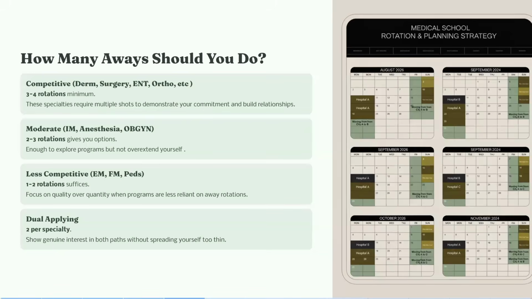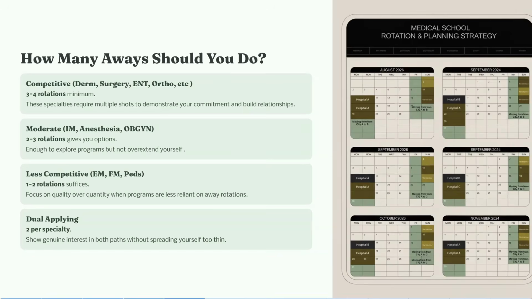No, but statistics show that you will likely match at the place that you did a rotation at and that you signaled. So if you're thinking about what's worth it, that's probably the highest bang for your buck. Suck it up, do another one, 4 more weeks, not sleeping much, just do it again. It's going to increase your chances because the numbers are telling the truth.